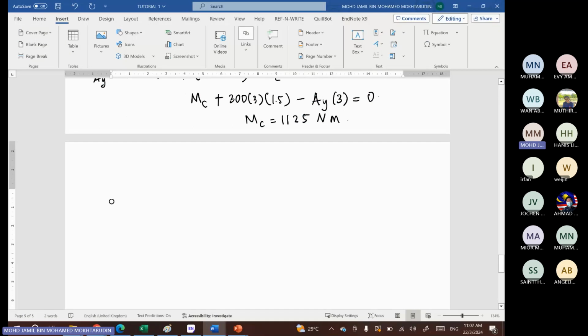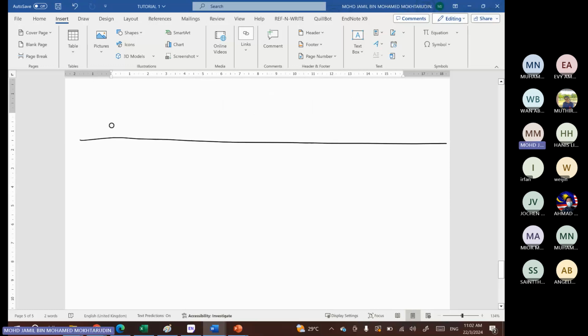Okay, so we draw the free body diagram. Apa tadi gambar dia, tak ingat.